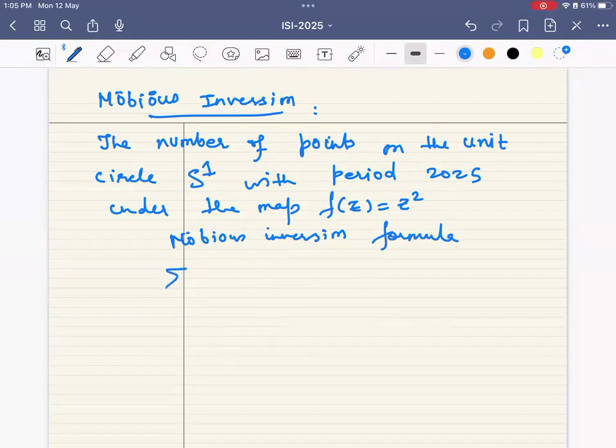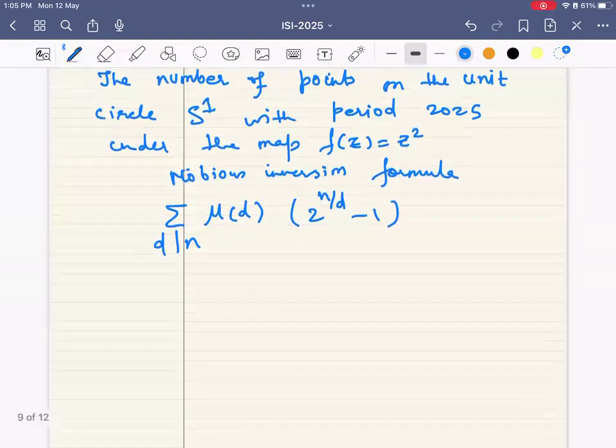Which is simply equal to the sum of mu of d, where d divides n. You understand what n is? It is the n from z to the power n minus 1, and 2 to the power n by d minus 1, where mu is the Mobius function.